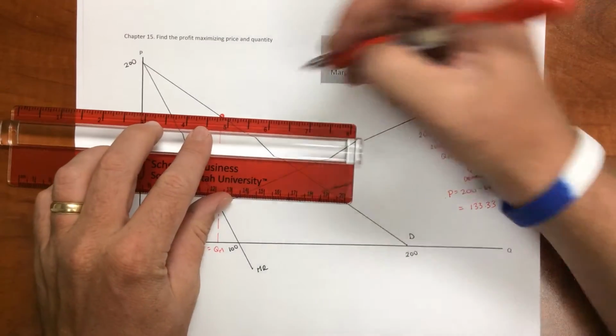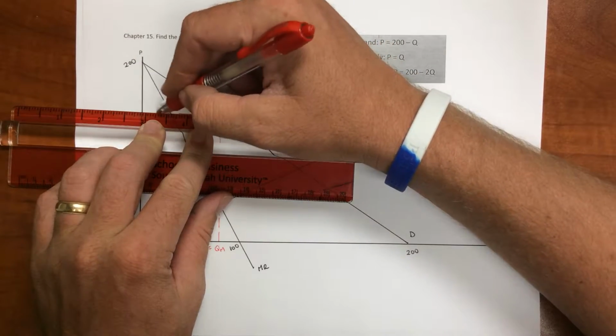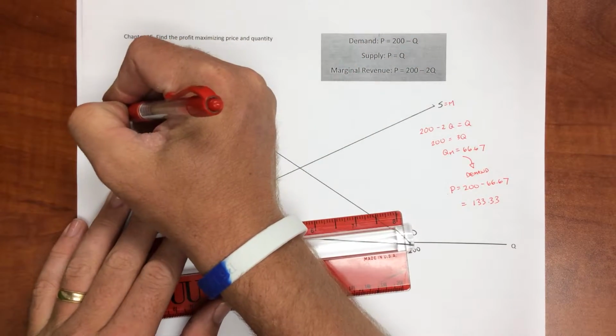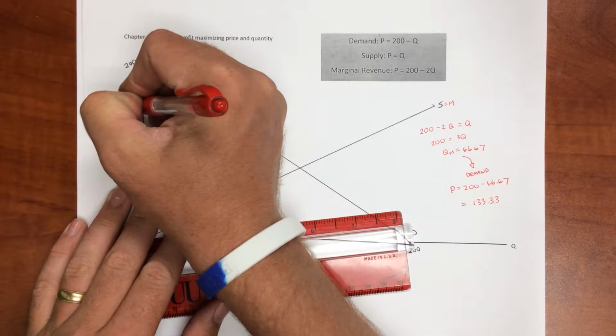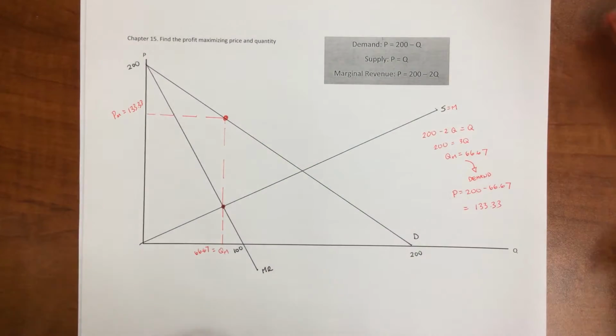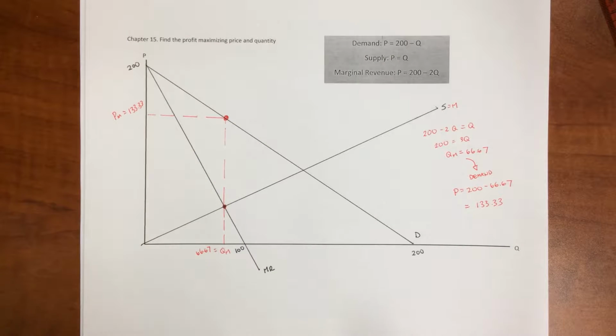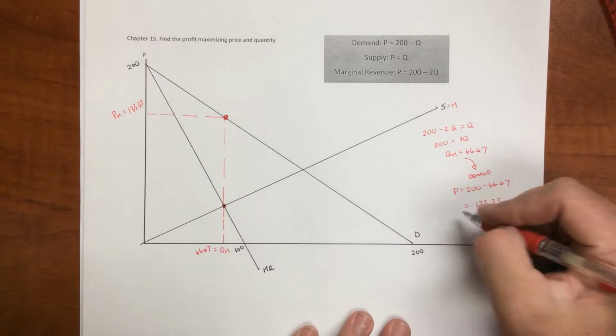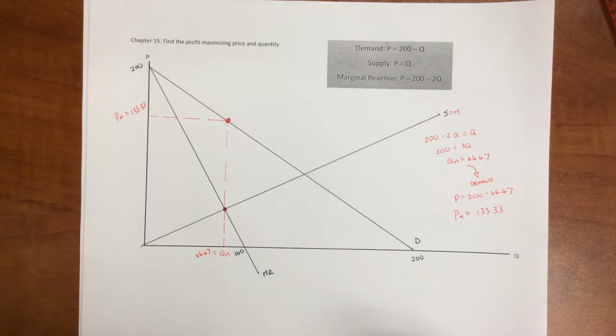And that's the price that the monopolist charges. All right, so now we've identified our optimal quantity and our price with the monopolist.